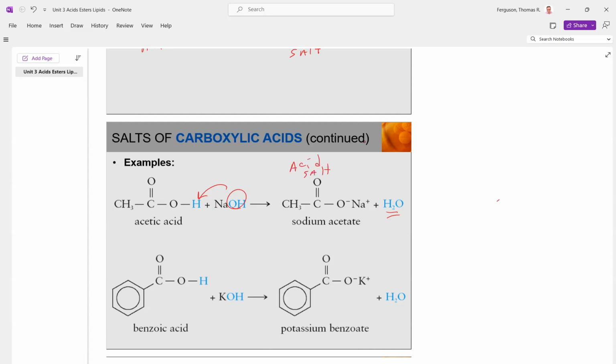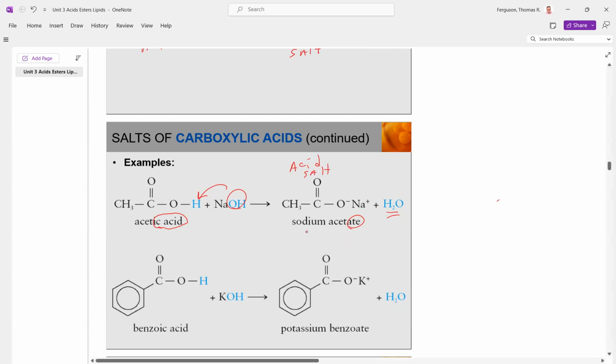acid salt. To name the acid salt, you replace the ending with -ate. So benzoic acid becomes benzoate. Acetic acid becomes acetate.